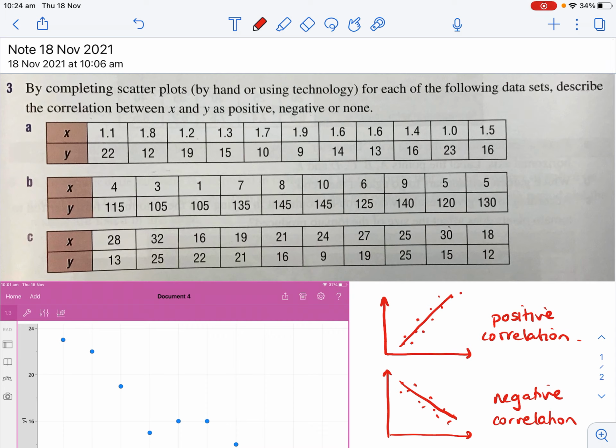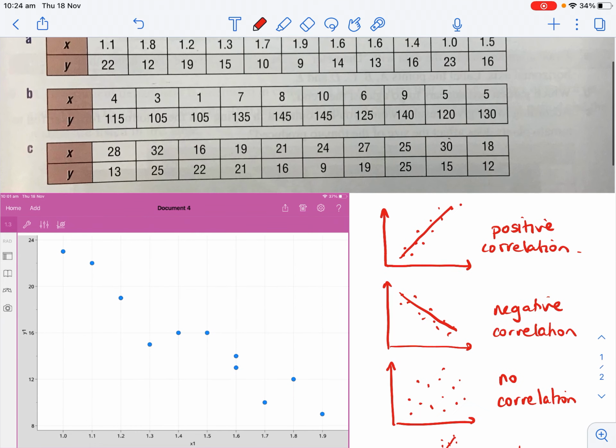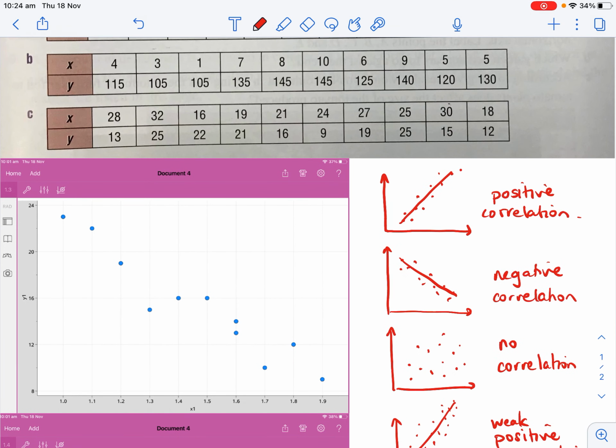The question in the textbook said, by completing the scatter plots below by hand or using technology, I've used technology, for each of the following data sets, describe the correlation between X and Y as positive, negative or none. So in this first graph, this was part A. If I wanted to add a line of best fit, it would probably look something like that.